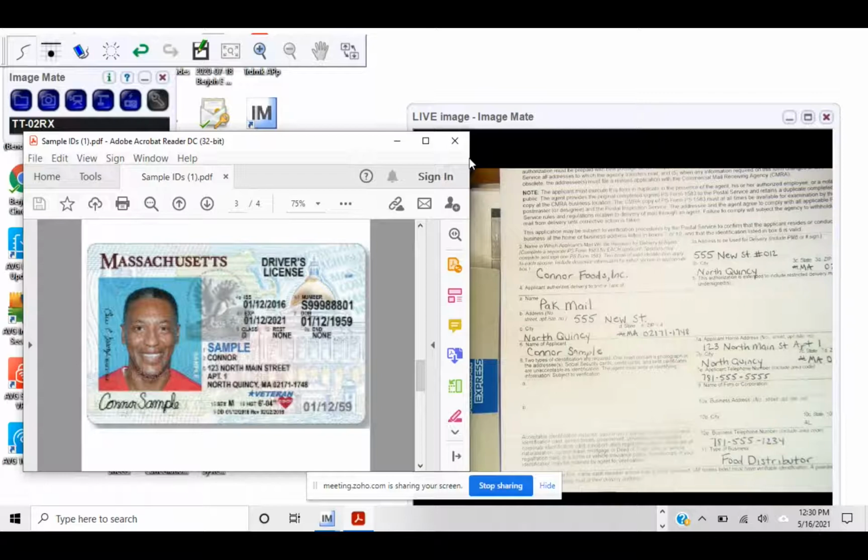Yes, you do. But you always want to ask them if that's a current address, because sometimes it may not be their current address. They may not have updated the address on their ID. In this case, he said yes, his current address is the one on his ID, so that's the one you want to use.